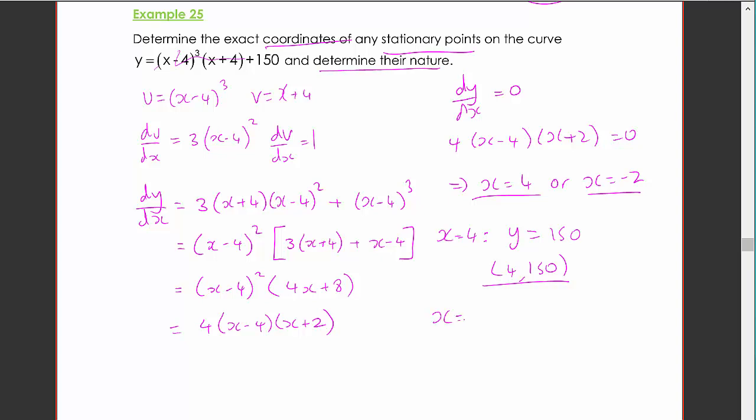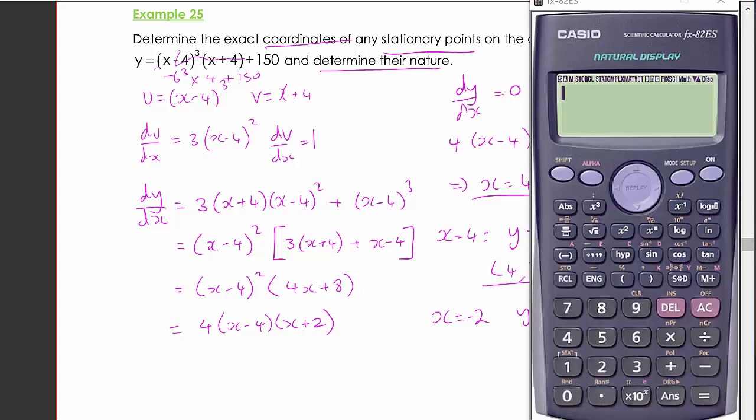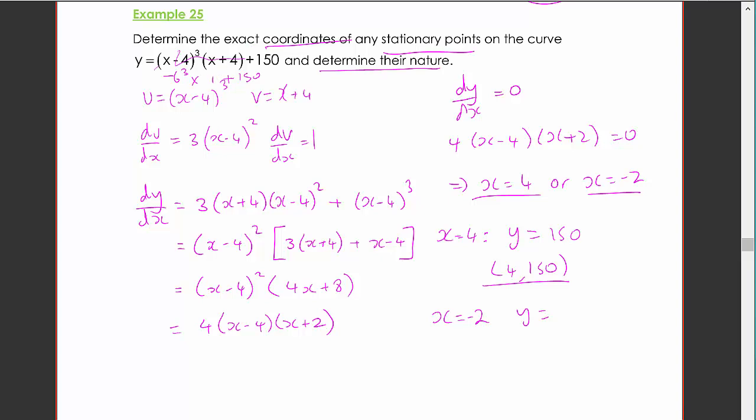And when x is negative 2, y is going to be, so what would we have there? If it's negative 2, we'll have negative 6 cubed multiplied by 4, add 150. So we just need to calculate that. So I've got negative 6 cubed, that's going to be negative 216 multiplied by, so x was negative 2, that was actually 2 then, just there.